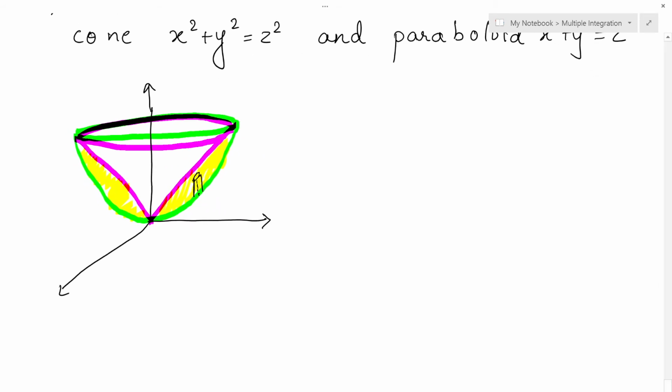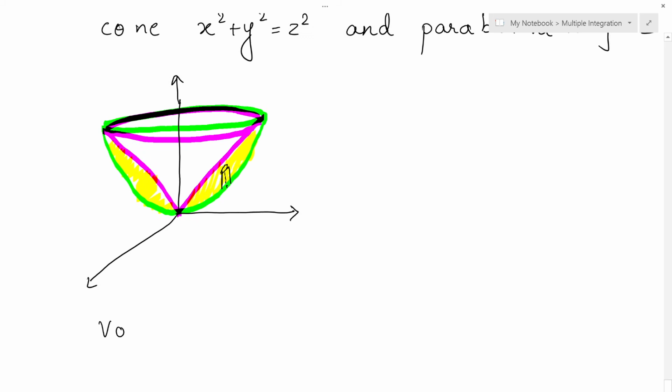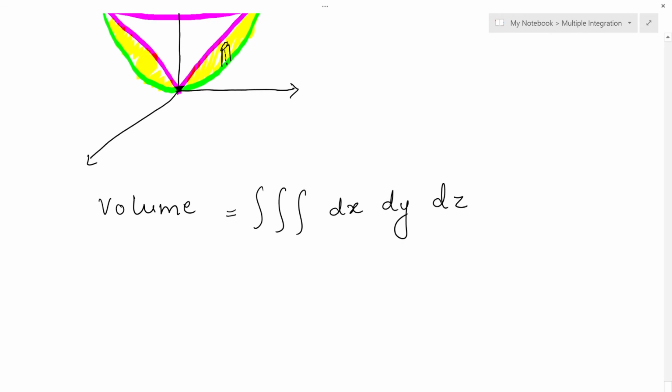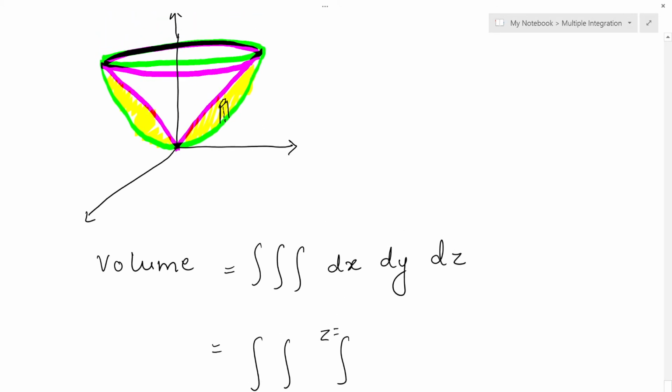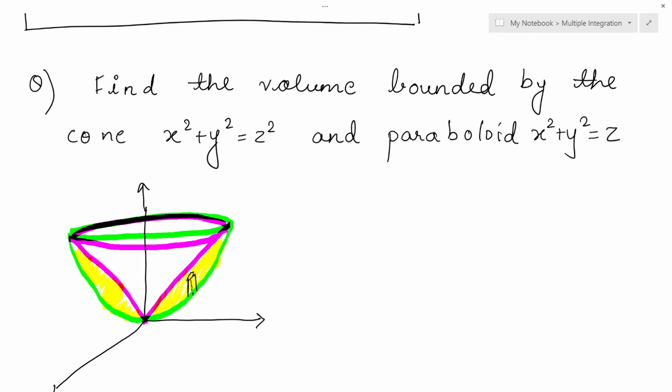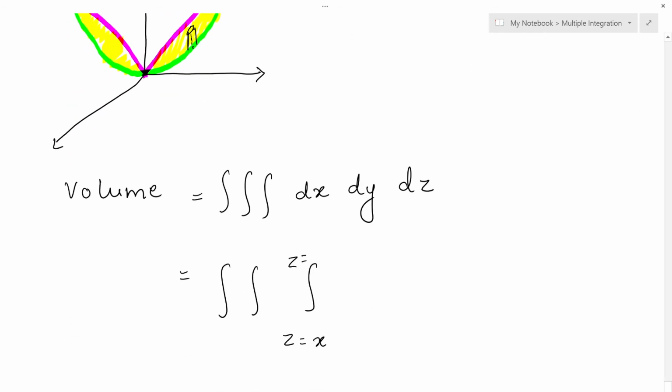So my formula for volume is triple integration of dx, dy, dz. Right? So now you know that it is given in Cartesian form, and by the logic we are finding the values for z. Now what is green? Green is your paraboloid, and paraboloid is given by x square plus y square, which is your lower limit.